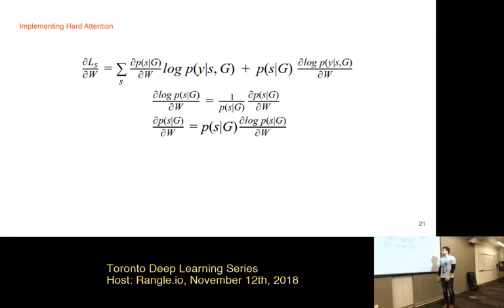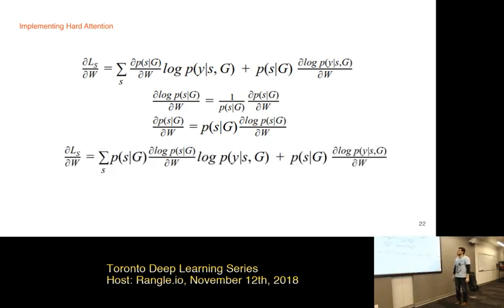So we can rearrange this expression to look like this. Basically we just multiply both sides by the probability of S given a, and we get this form. This would allow us to replace this term with this value, and you'll see what's the point of that.